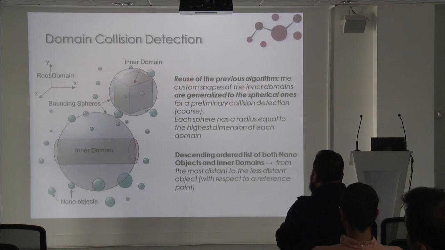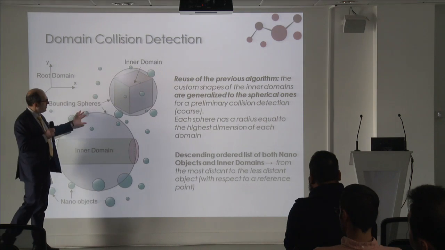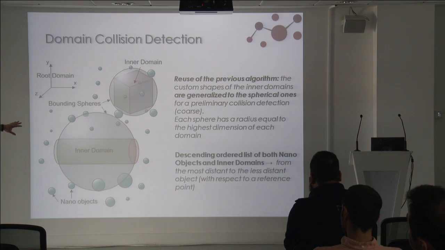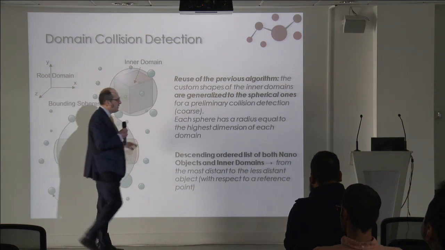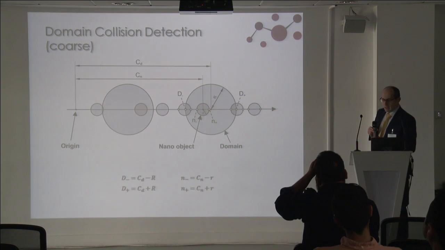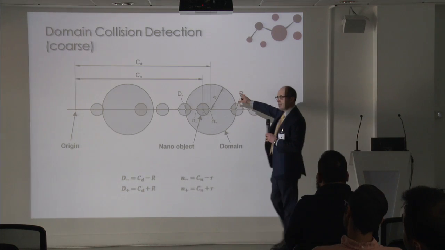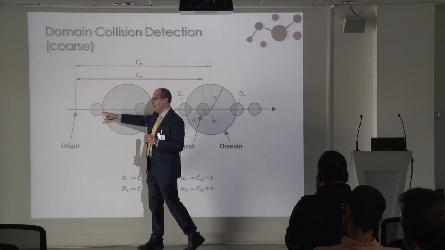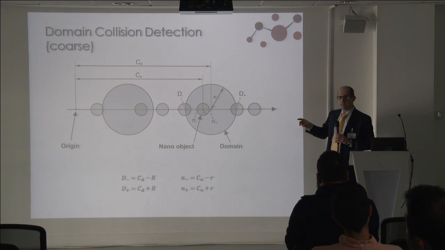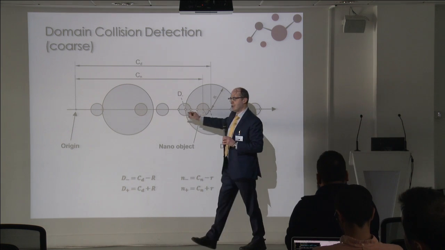And once we have represented each domain with a bounding sphere, the problem is similar to the one that we have solved so far. So once we have this representation, we can consider just the big enclosing spheres and the spheres representing the nanoparticles, and using exactly the same approach that we have seen so far, we can determine potential collision.